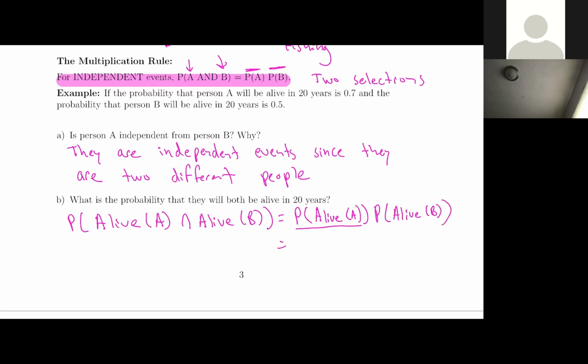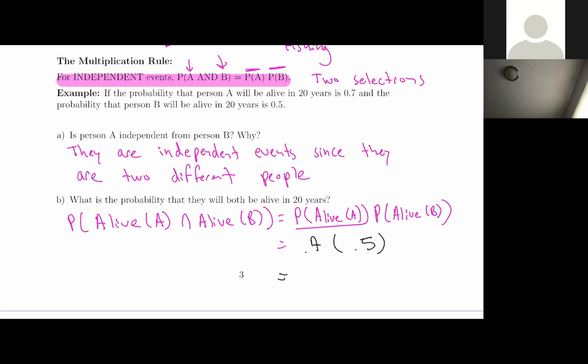So what's the probability that person A will be alive in 20 years? If you want, you can type it into the chat. Ooh, 0.7. Perfect. What's the probability that person B will be alive? Cool.